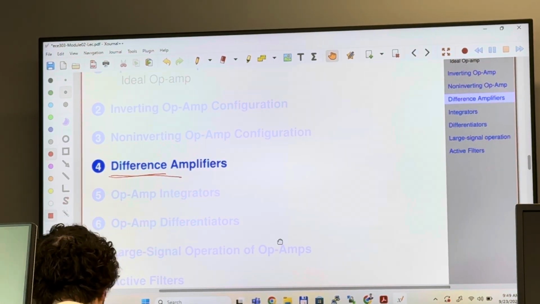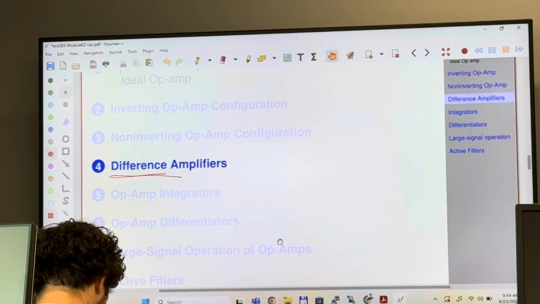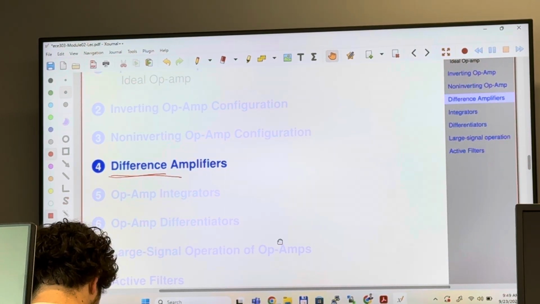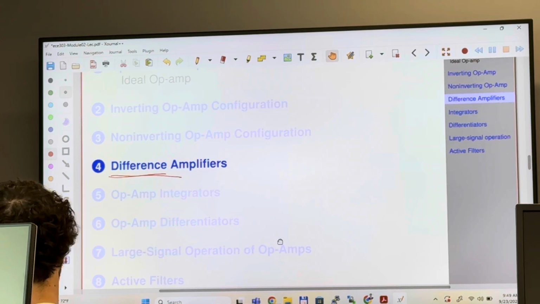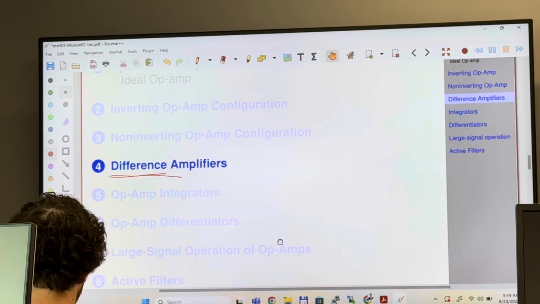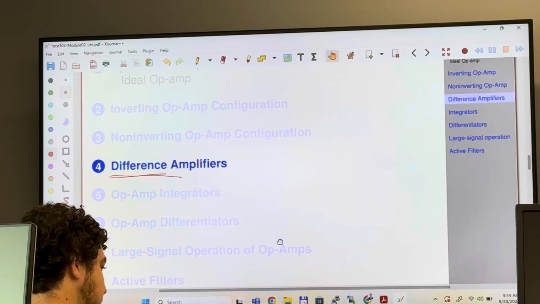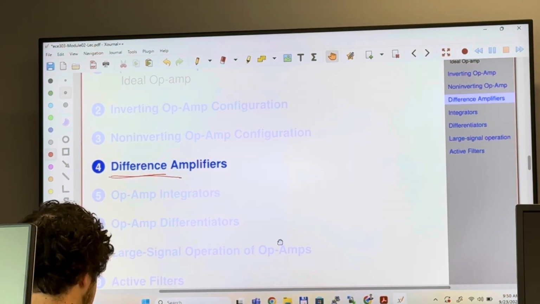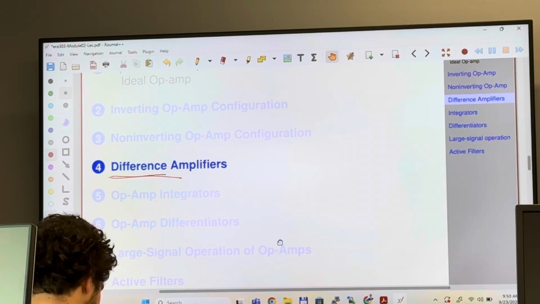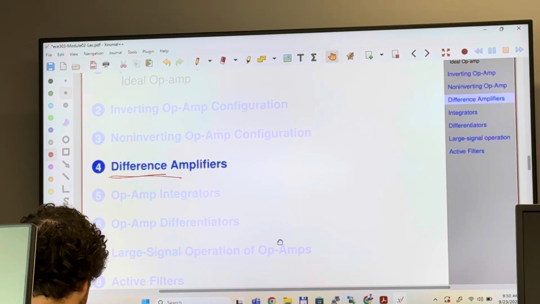We want to reject that noise. So to reject noise, we use a difference amplifier, to extract the small original signal and reject some noise. Of course, we'll be using some sort of filters, there are many other filters, but initially we want to first get rid of the signals that are common to both inputs, and those are considered noise.